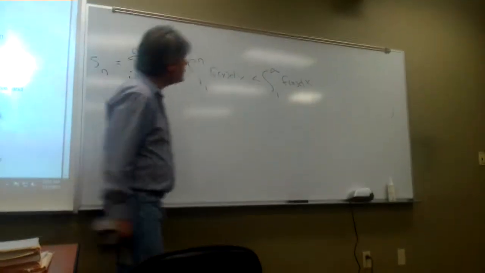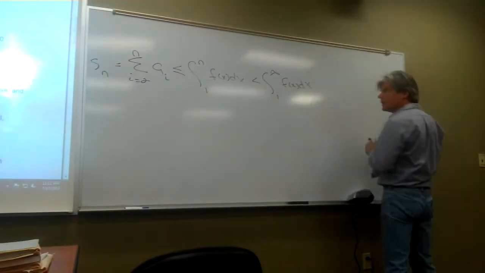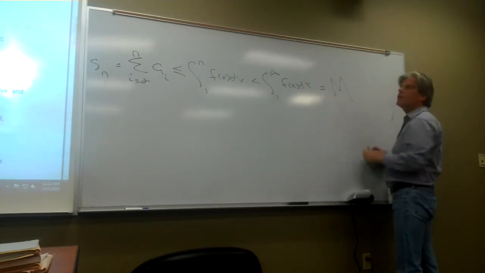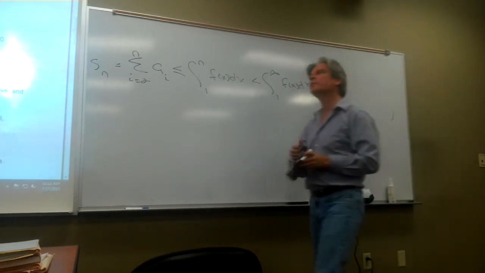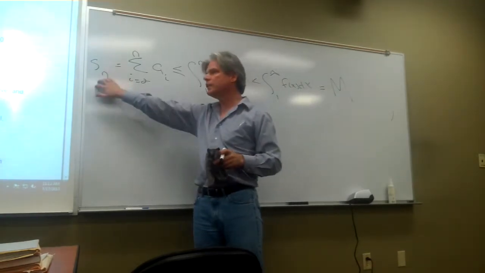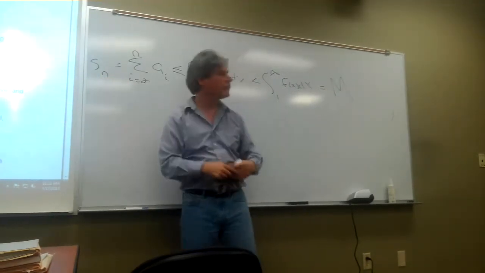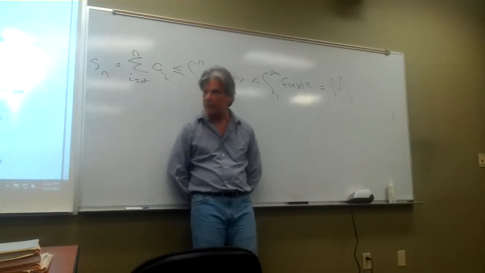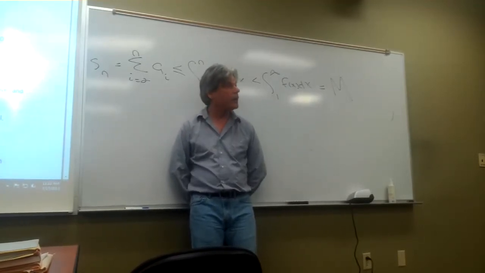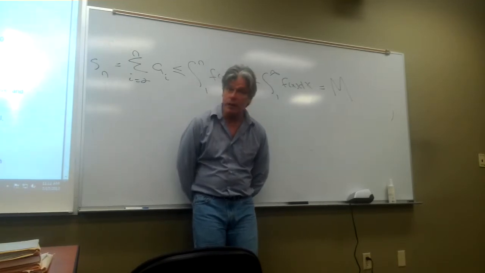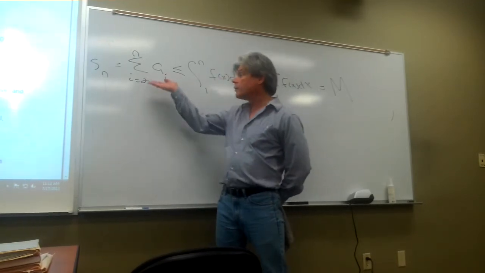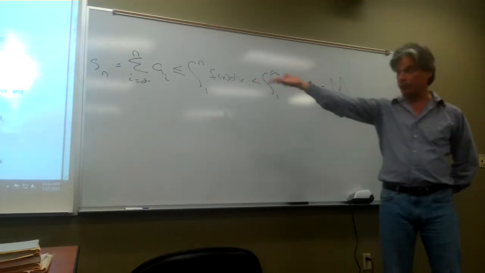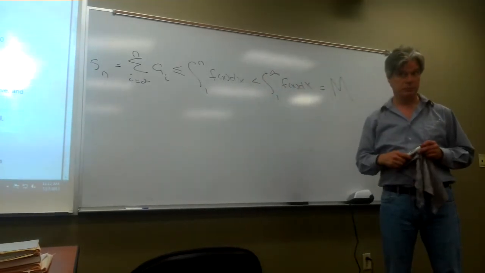However, if I make the assumption that the corresponding improper integral converges to something like, I don't know, some number big M, shoot, now I got a sequence of partial sums that's strictly increasing, that's monotonic, and bounded above. That being the case, with the theorem I proved last time in class, I get to exploit the monotonic bounded sequence theorem, and now proclaim that this corresponding infinite series is going to converge as well. I've just proved the first part of the integral test.